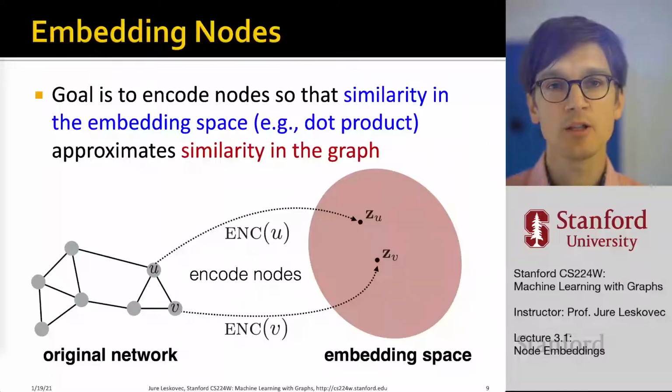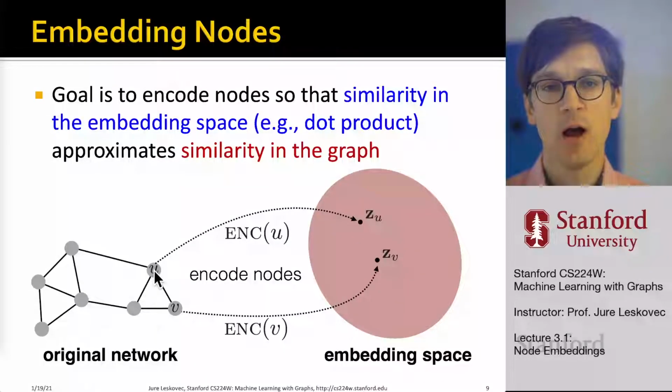So the goal is to encode nodes so that similarity in the embedding space, you can think of it as distance or as a dot product, an inner product of the coordinates of two nodes, approximates the similarity in the graph space. So the idea will be that in the original network, I want to take the nodes and map them into the embedding space. I'm going to use the letter Z to denote the coordinates of that embedding of a given node.